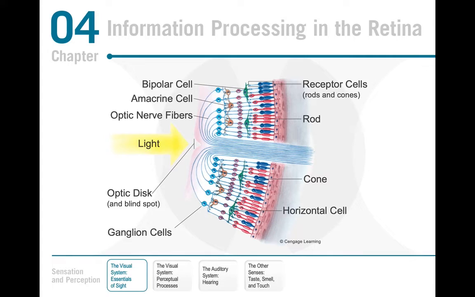The receptive field of a visual cell in your retina is the region that, when stimulated, affects the firing of that cell. We'll come back again to the concept of receptive fields when we talk about your touch sensory system later on.